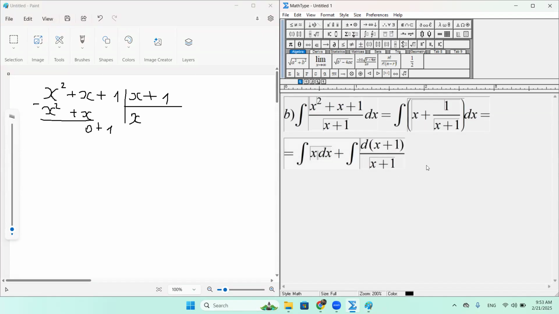So the same, but it will be the table value. So 1/2 x squared plus logarithm of module x plus 1 and plus c. So any questions about this exercise?